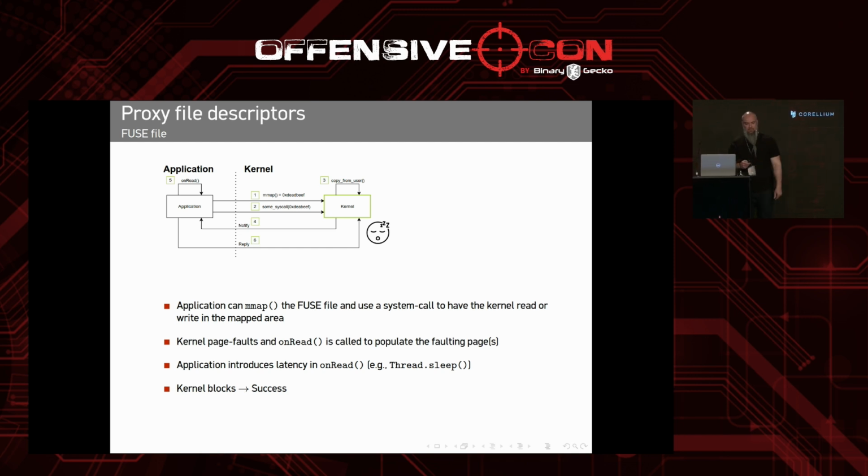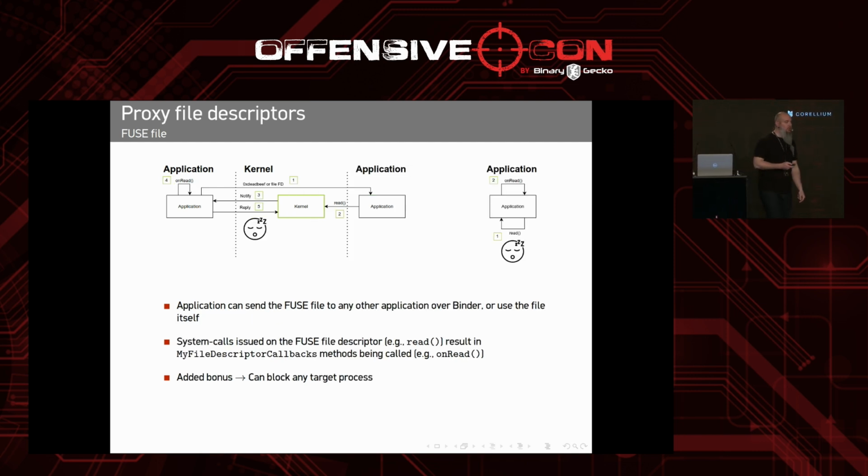Success. As an added bonus, of course, a proxy file descriptor is a file descriptor, so we can send it to any other application, in any other form of a race condition, let's say, and we can make any other application block, or even we can block ourselves, right? If we make use of the file descriptor, we block ourselves.